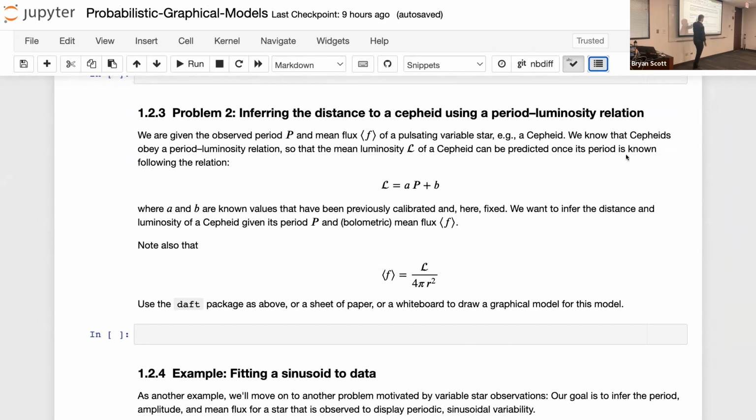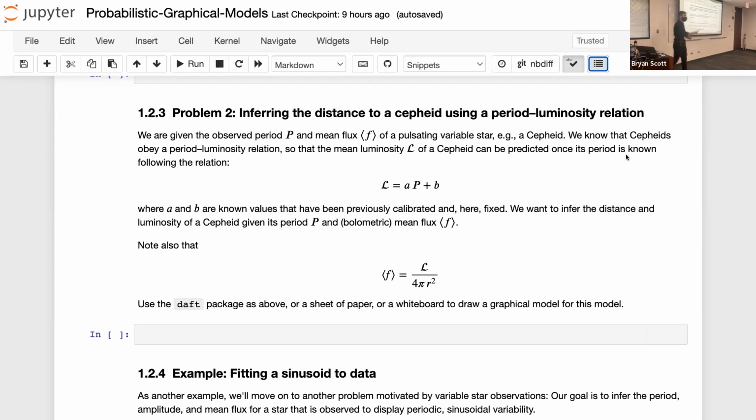But we also know the mean flux. That's an observed thing. And that's related to 2 unobserved things, the luminosity and the distance. So let's assume we observe the period and the mean flux and the parallax. And we want to infer the luminosity and therefore the distance.